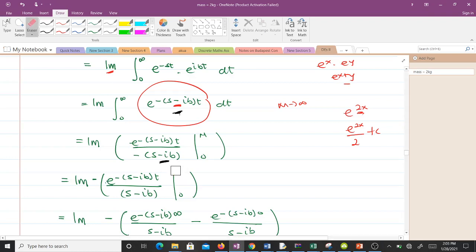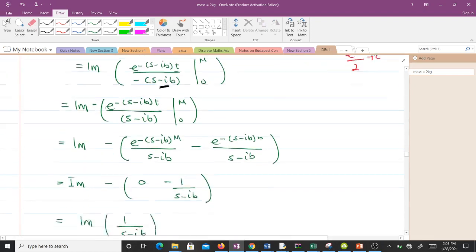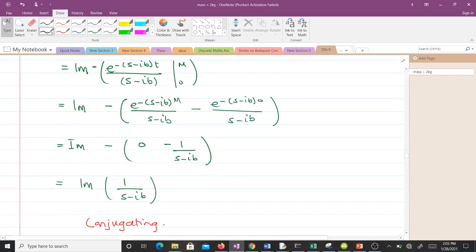Sorry, wherever I find my infinity, let me put my m here because m approaches infinity. So when you have something like this, the next thing for you to do, very simple, is to put in your limits of integration. You realize that as m approaches infinity, this thing here is going to be 0.